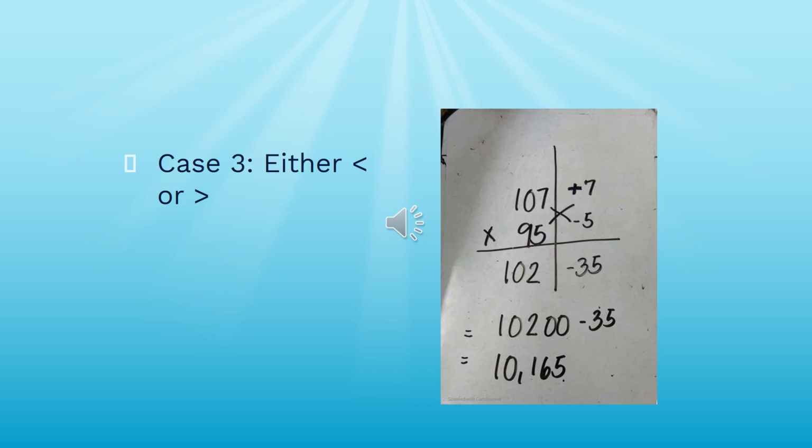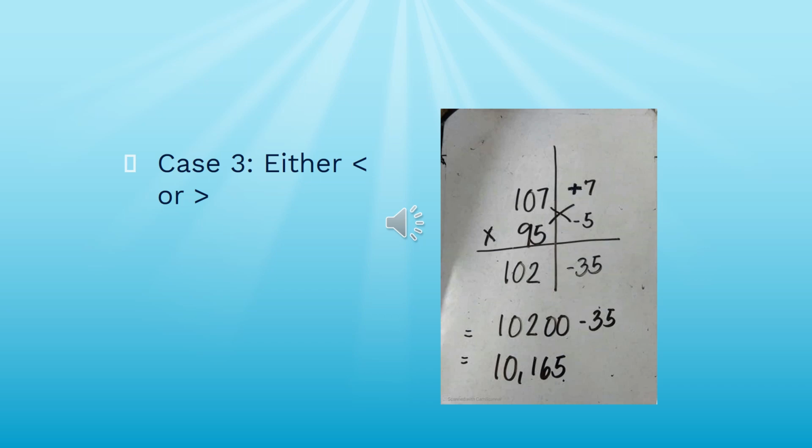In this case, our base is 100, since both numbers are close to 100. Now 107 is plus 7 away from 100, meaning it's 7 more than 100, and 95 is negative 5 away from 100 because it's 5 less than 100.